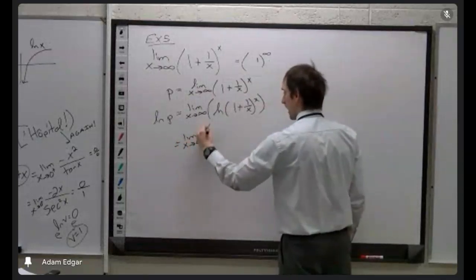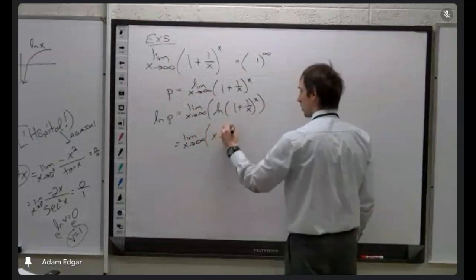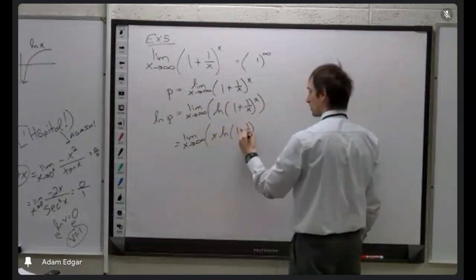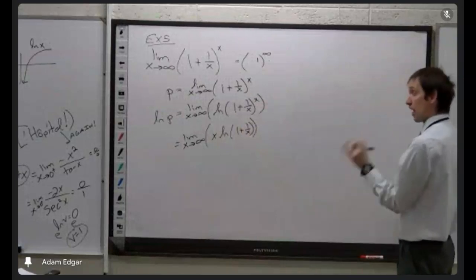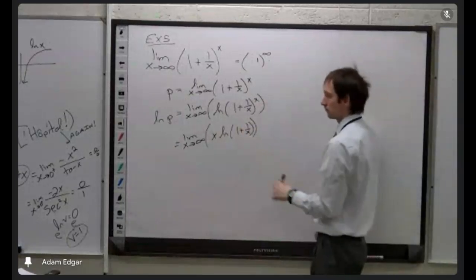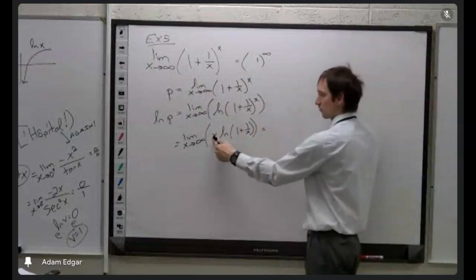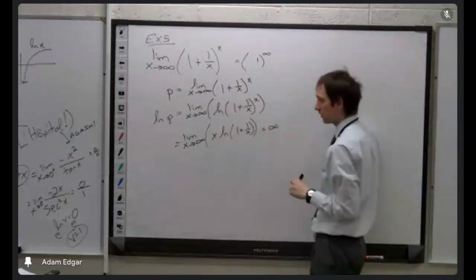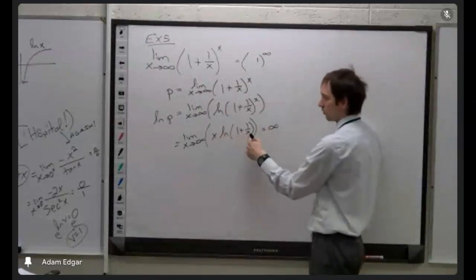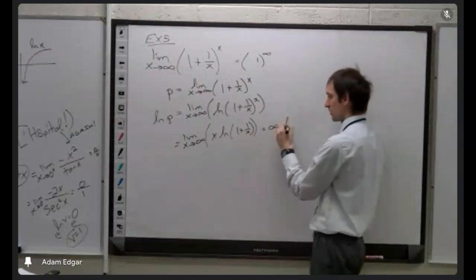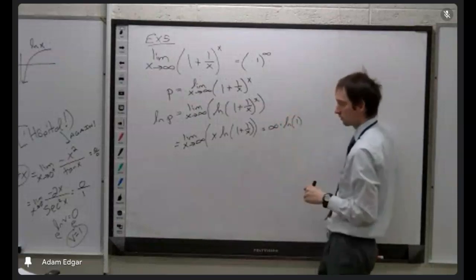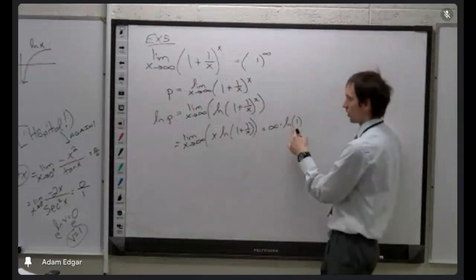So now we'll have x times the natural log of 1 plus 1 over x. And now if you try to do the limit again, x is approaching infinity, and 1 over x is 0, so this is infinity times the natural log of 1. And what's the natural log of 1?